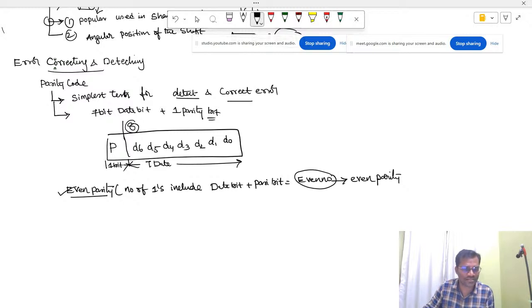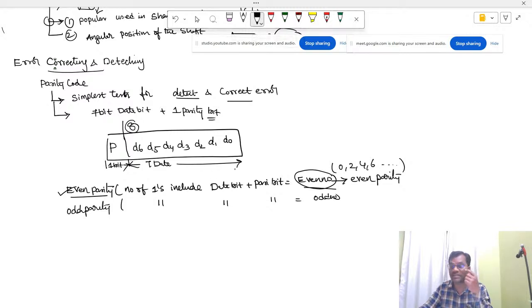Okay. So the first one is even parity. Even parity means the number of ones in the data bits as well as the parity bit should be an even number, like 0, 2, 4, 6. Similarly, odd parity means the number of ones including the data bits as well as the parity bit should be an odd number, like 1, 3, 5, 7.